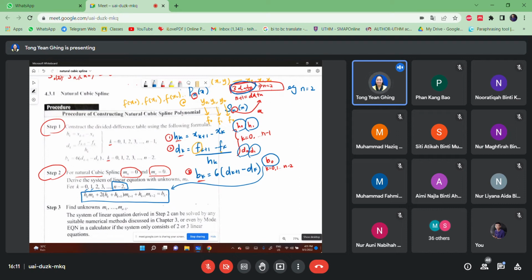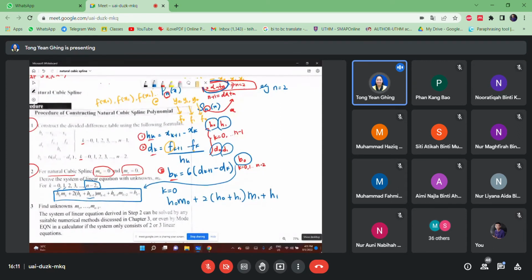So we do it for k equal to 0. We just substitute: h0 M0 plus 2 times (h0 plus h1) M1 plus h1 M2 equal to b0.